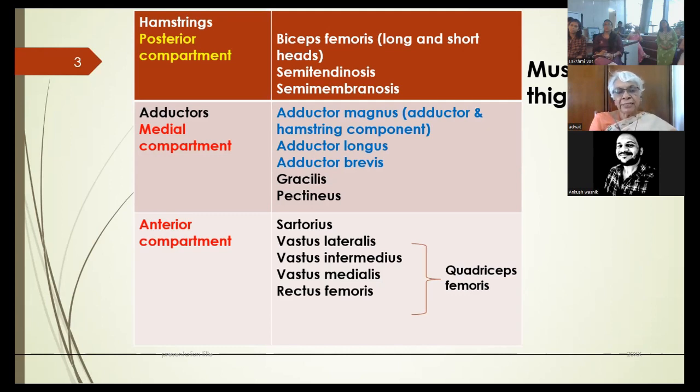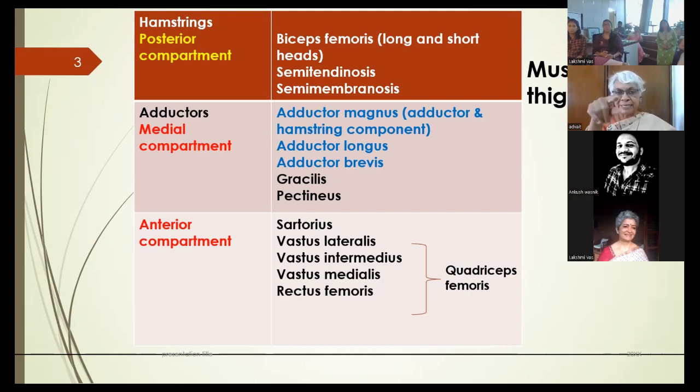Now, coming to the next compartment, which is the medial compartment, the adductors. The adductors basically have five muscles, of which the one of importance to us is the adductor magnus. I got a little confused with the biceps femoris, I'm sorry, that's a little mistake on my part.